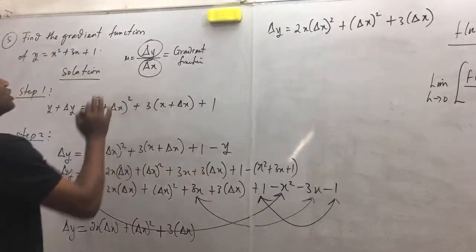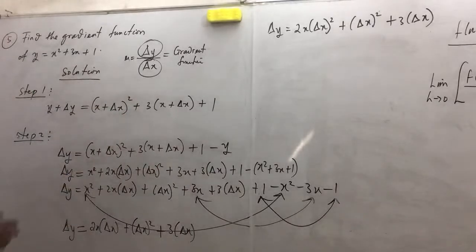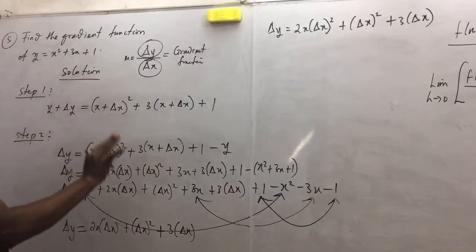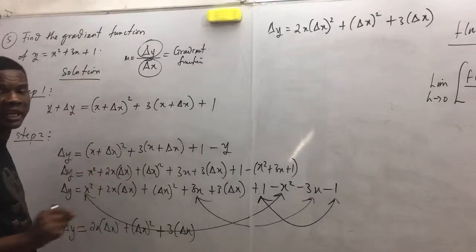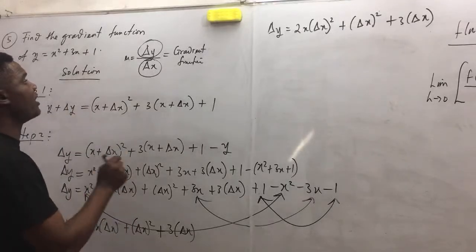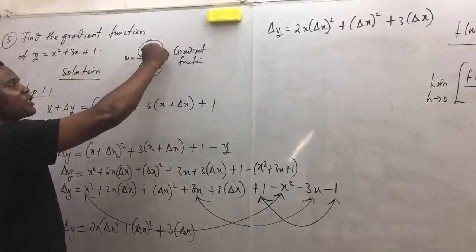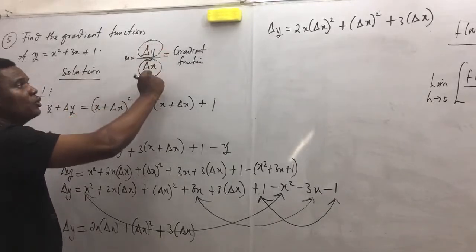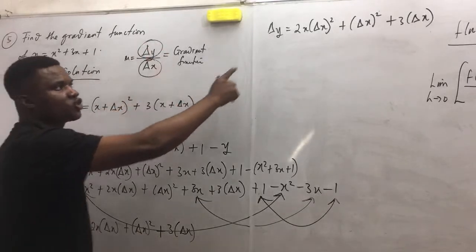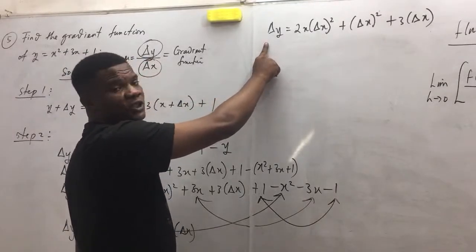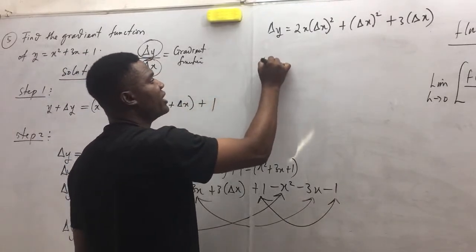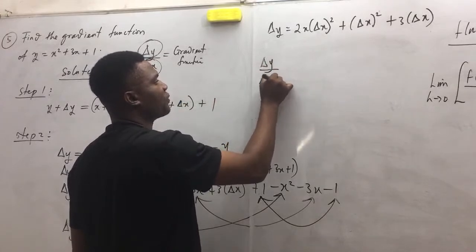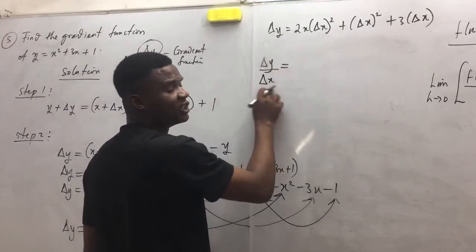Now, remember, what are we asked to find? We are asked to find the gradient function. And guys, what is the gradient function? Please take note, just in case you never knew. The gradient function is a ratio of an expression for change in y to change in x. So what have we obtained? We've obtained an expression for change in y. So to obtain the gradient function, we would now divide the expression we've gotten for change in y by change in x.